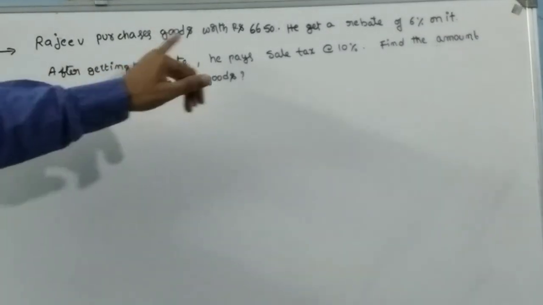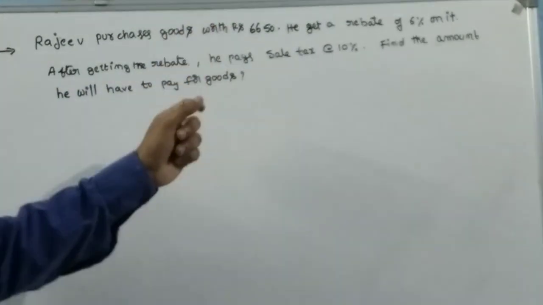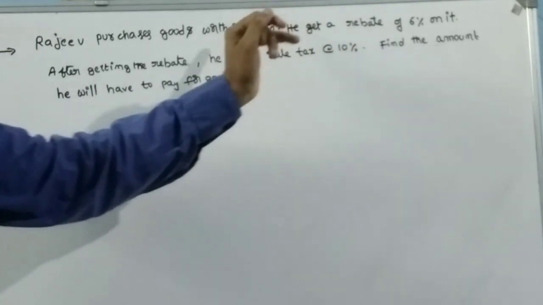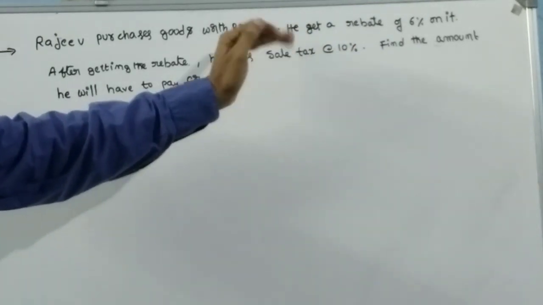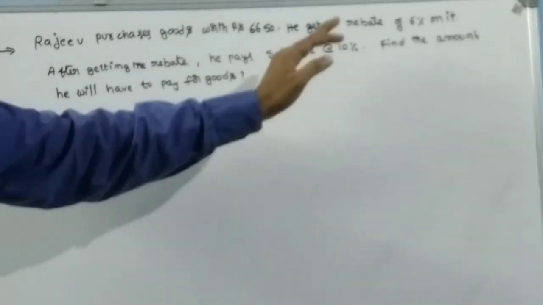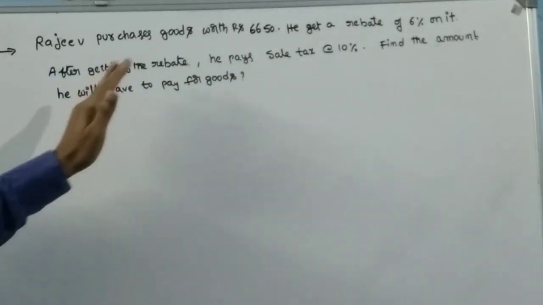First, he purchased goods worth 6,650. After that, the shopkeeper gives a rebate of 6% on total worth. After getting the rebate, he paid sales tax at 10%. What he is asking: find the amount he will have to pay for goods.